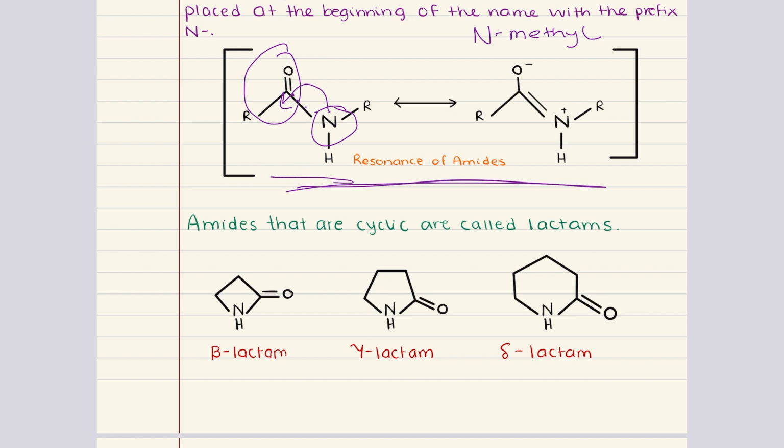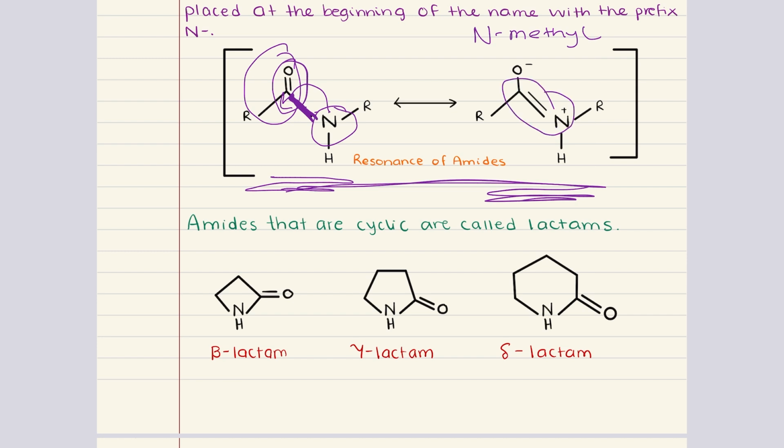So in the first resonance form, we have the standard carbonyl structure with a single bond between the carbon and the nitrogen. In the second resonance form, the double bond character shifts between the carbon and nitrogen.